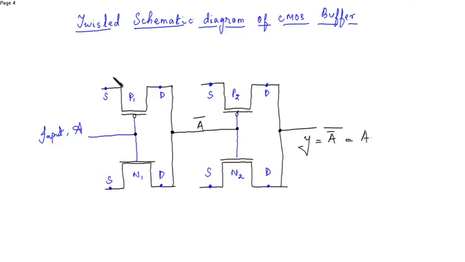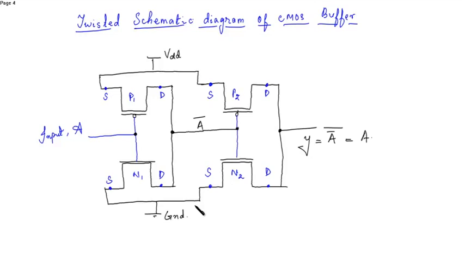We know that the sources of the PMOS are connected to VDD, and the sources of the NMOS are connected to ground. So this is the twisted schematic diagram of a CMOS buffer.